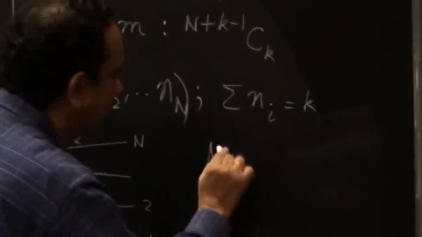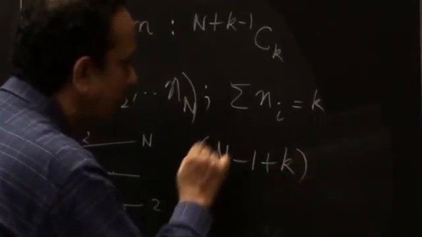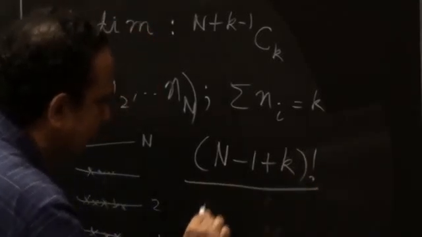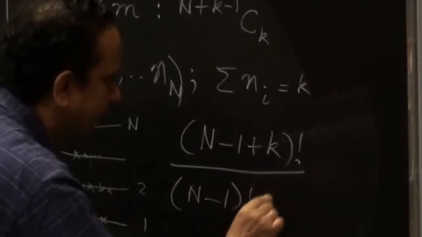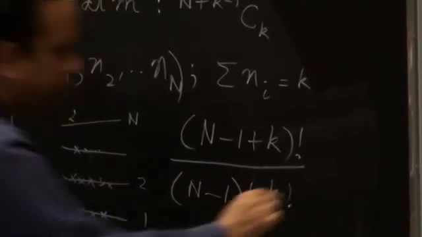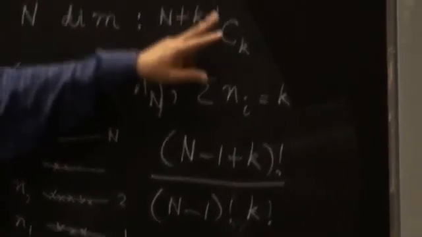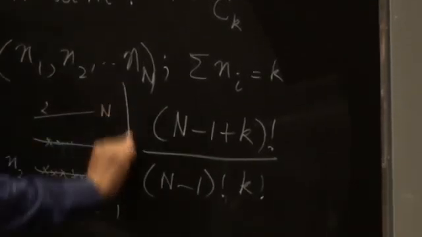So in total you have n minus 1 plus k objects, partitions plus objects. Out of this you have interior shuffling of n minus 1 factorial and k factorial. So this is your answer. This is just your n plus k minus 1 choose k. So this is how you get this result.